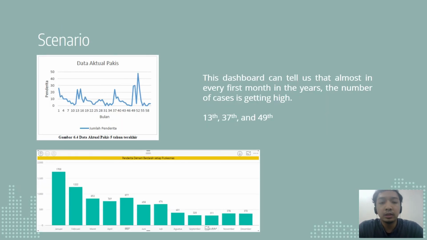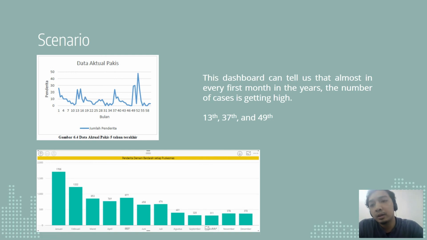So here's the scenario. As we can see here, this dashboard can tell us that almost every first month in a year the number of cases is getting high. So I will show you this scenario. At the 13th month here, the graph is increasing.